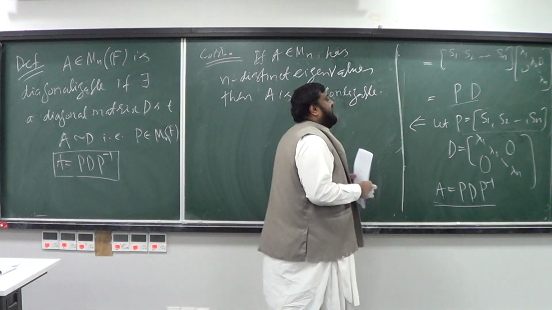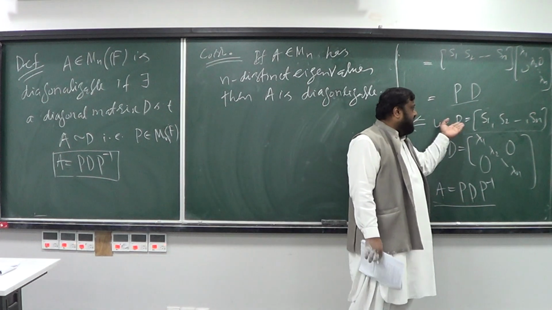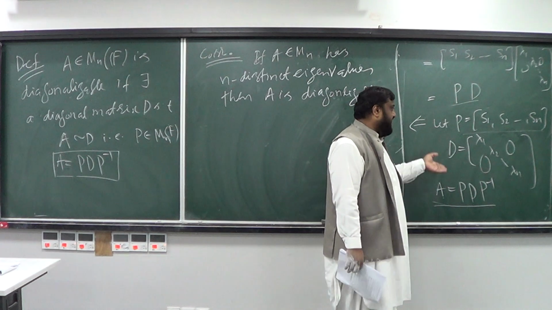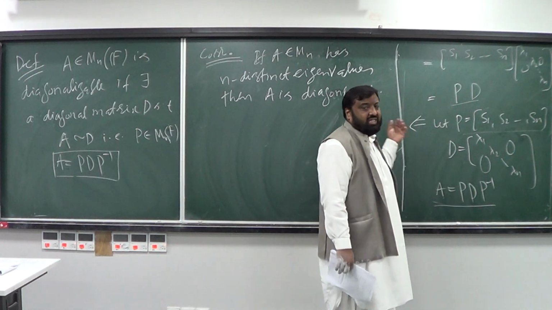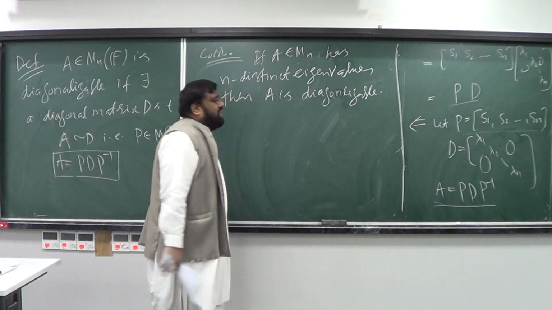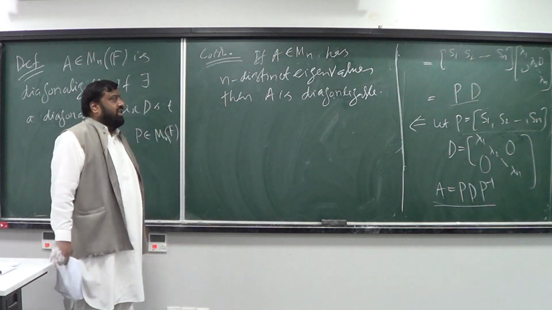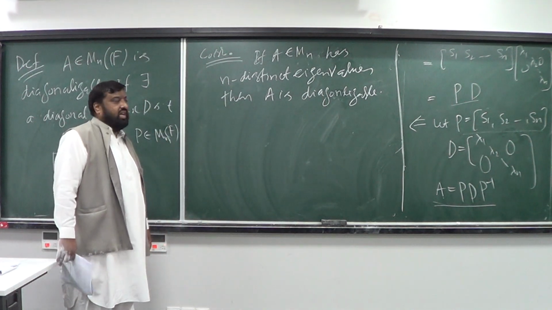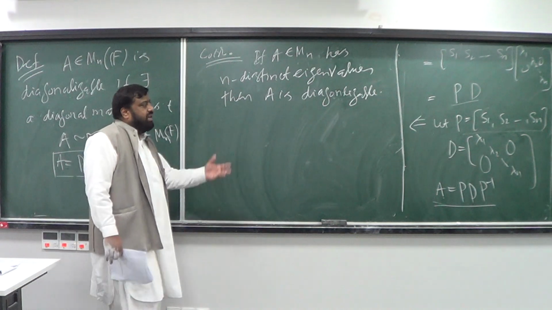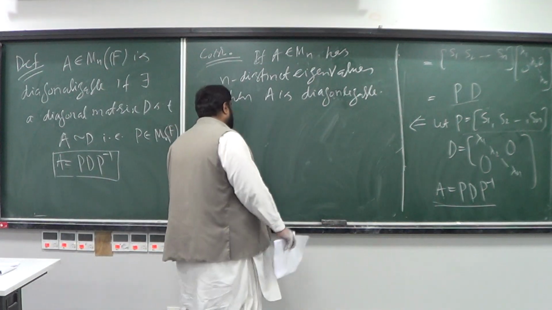Because it is pretty easy to compute the diagonal matrix and matrix P for it. You just have to take the eigenvalues, put them in a diagonal matrix, compute the eigenvectors associated with each eigenvalue, make a matrix, and hence you can diagonalize it.